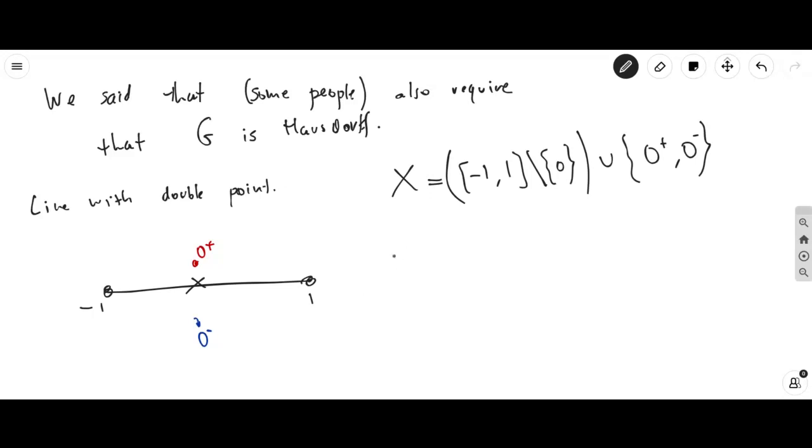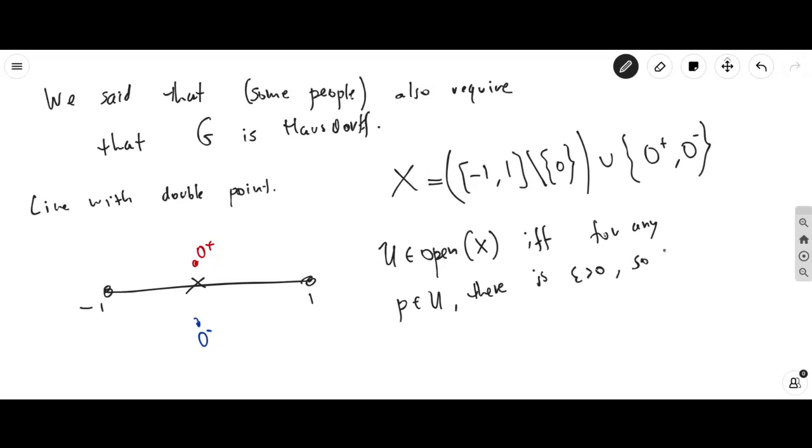So here's how you topologize it. You say that U is open in X if and only if for any point P in U, there is an epsilon bigger than 0 so that the interval from P minus epsilon to P plus epsilon is contained in U. That's the way we define an open set.